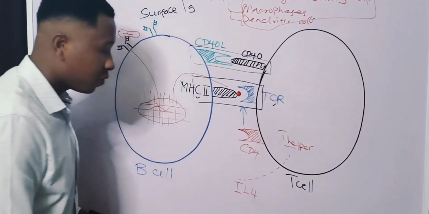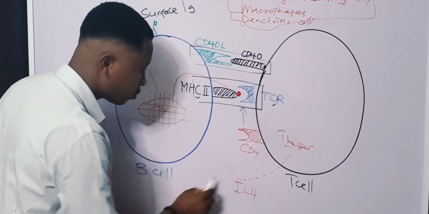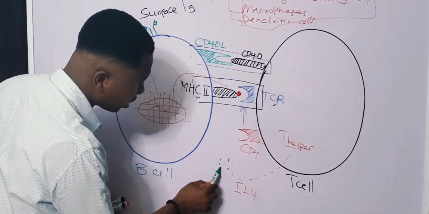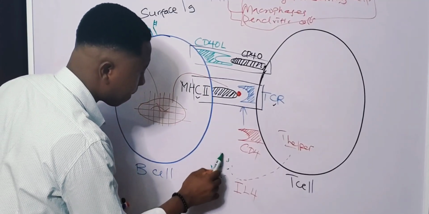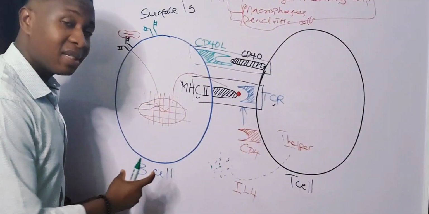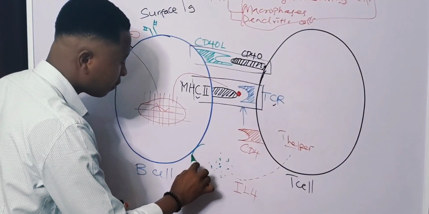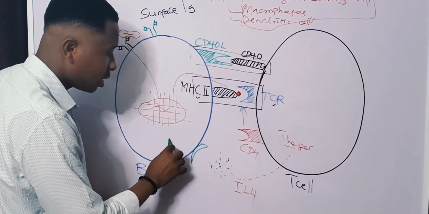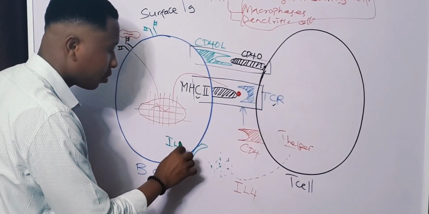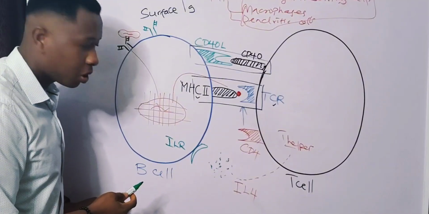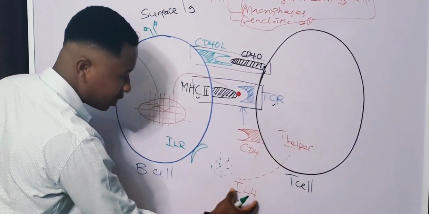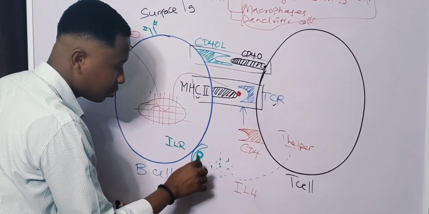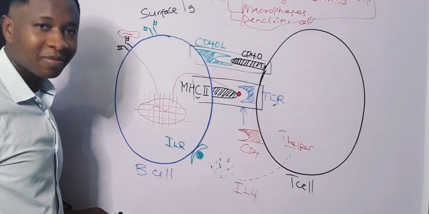Now the interleukin 4 goes to the B cell and fixes itself to a receptor on the B cell. That receptor is called the interleukin receptor. So the T cell releases interleukin 4. It goes and binds to the interleukin receptor on the B cell.